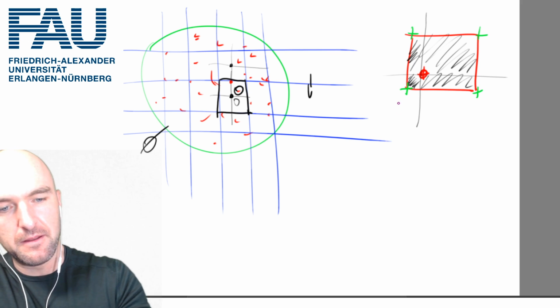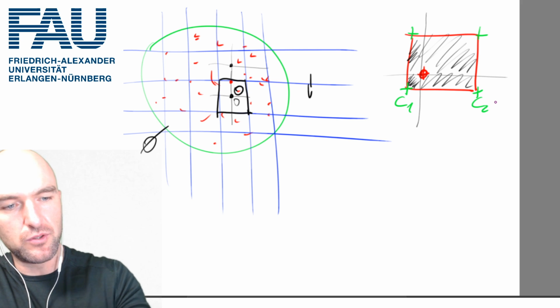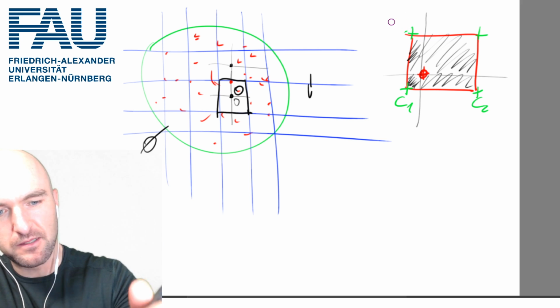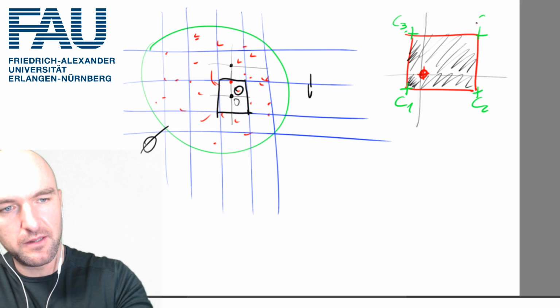So this will be corner 1, corner 2, corner 3, and corner 4.